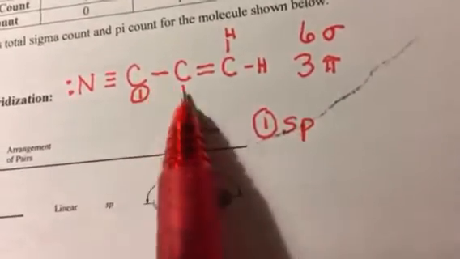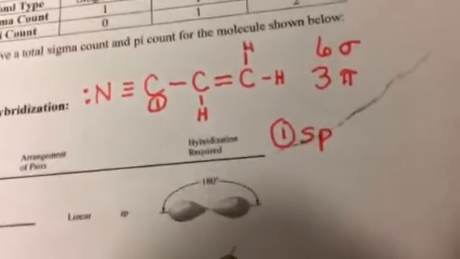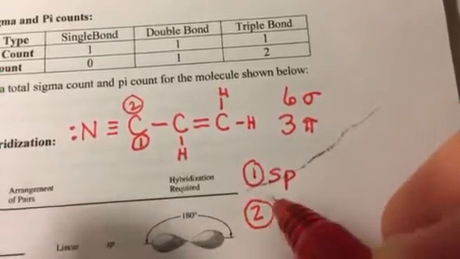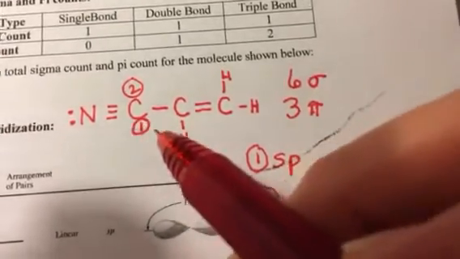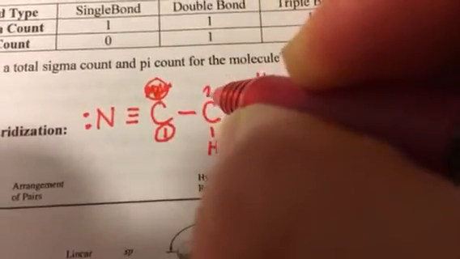This carbon has 1, 2, 3 domains. Let's label him carbon number 2. Sorry, I'm so sorry. This is carbon number 2.